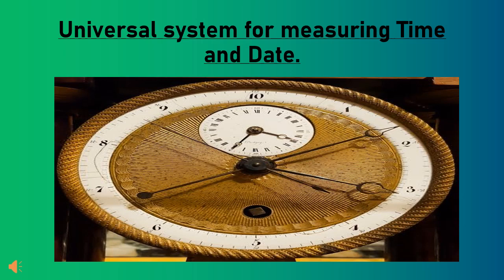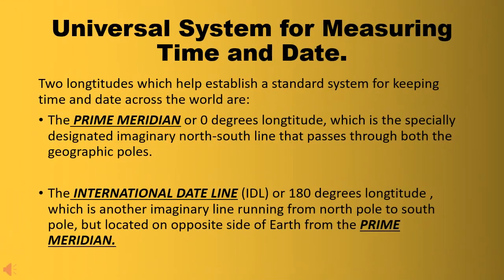Universal system for measuring time and date. Two longitudes which help establish a standard system for keeping time and date across the world are: number 1, the prime meridian or 0 degrees longitude, which is the specially designated imaginary north-south line that passes through both the geographic poles.